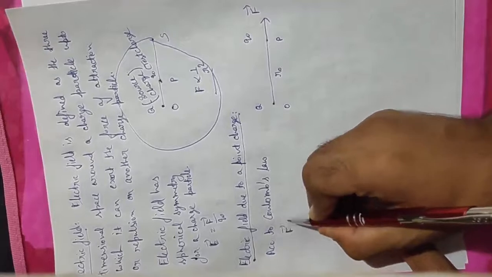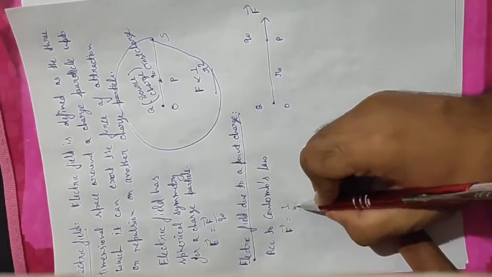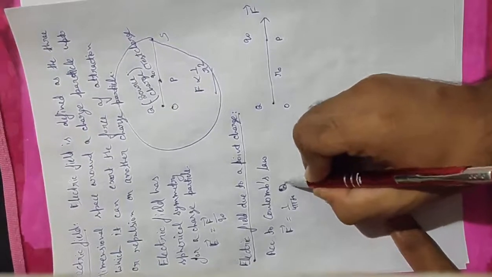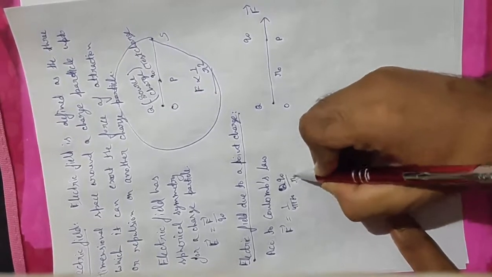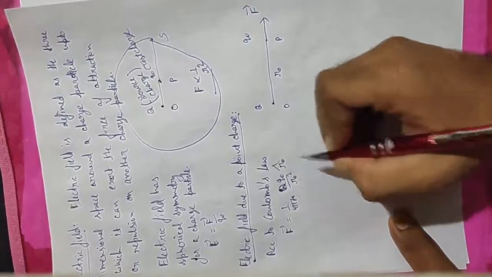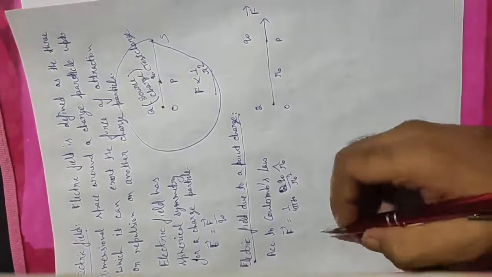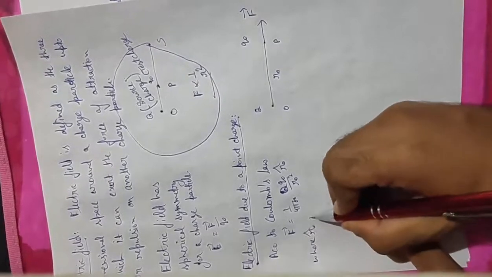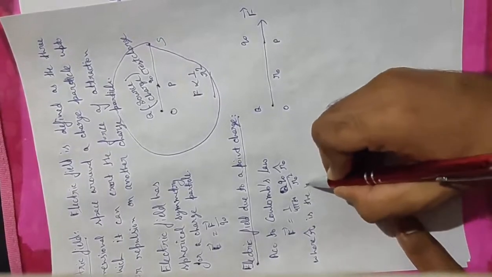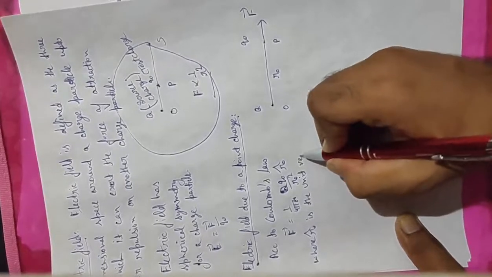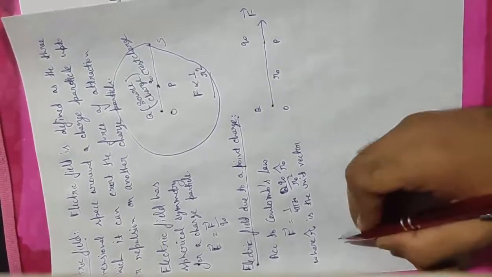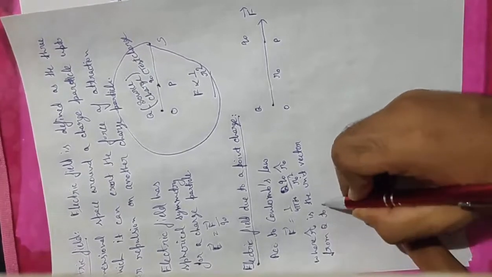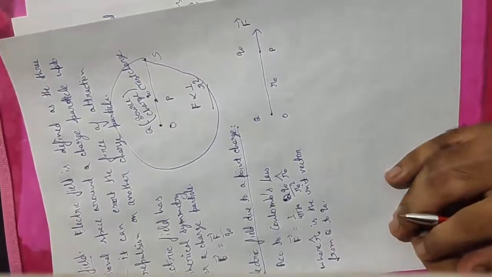F is equal to 1 by 4 pi epsilon naught, Q Q naught divided by R naught square, R naught cap, where R naught cap is the unit vector from Q to Q naught.